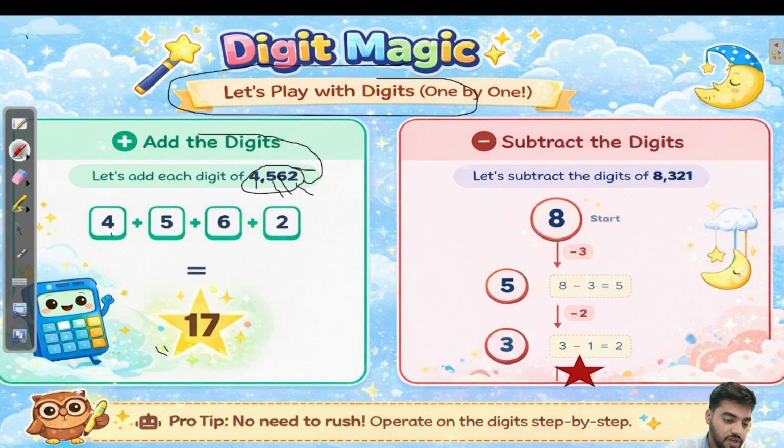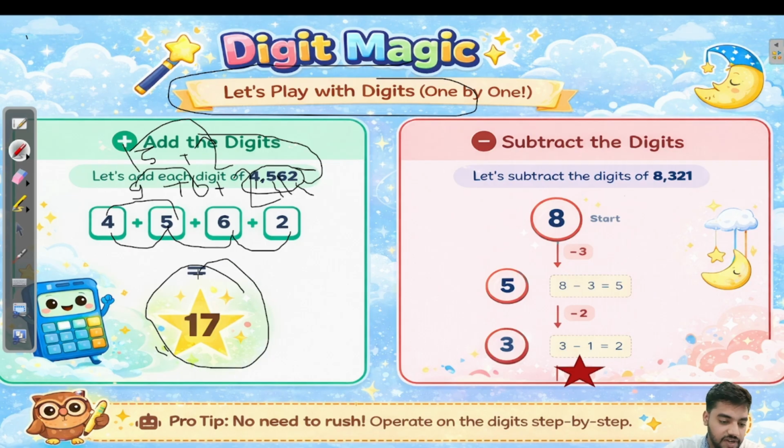Let's add them. 4 plus 5 plus 6 plus 2. 4 plus 5 is 9. 9 plus 6 is 15, and 15 plus 2 is 17. We can also add the digits of this 17. 1 plus 7 is 8.